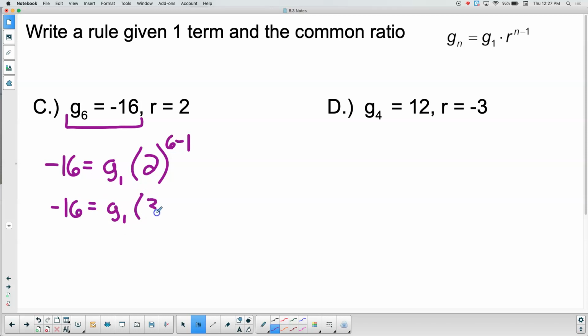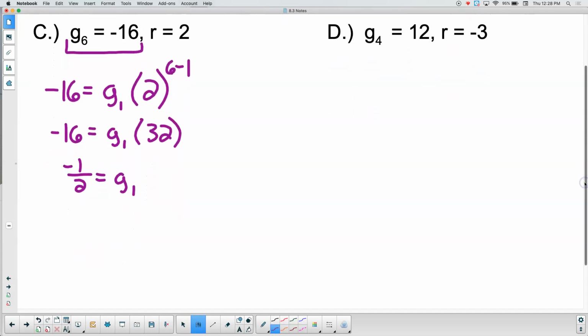Two to the 5th power is 32. So I get negative 1/2 as my first term. So my rule is negative 1/2 times 2 to the n minus 1 power.